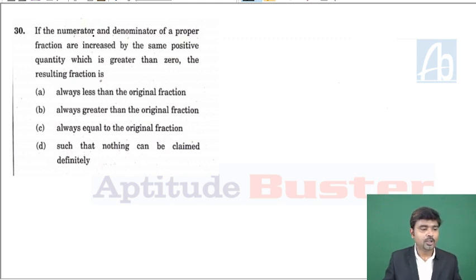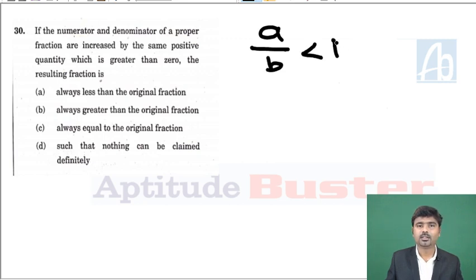If numerator and denominator of a proper fraction is increased by the same positive quantity which is greater than 0, the resulting fraction is, that's very simple. If I take a by b less than 1, simple example, I'll take 2 and 4. 2 by 4, what's the value? 2 by 4 is 0.5.